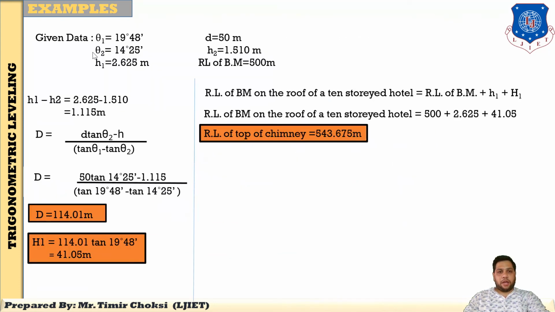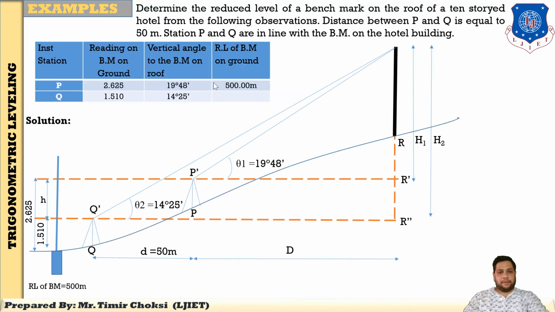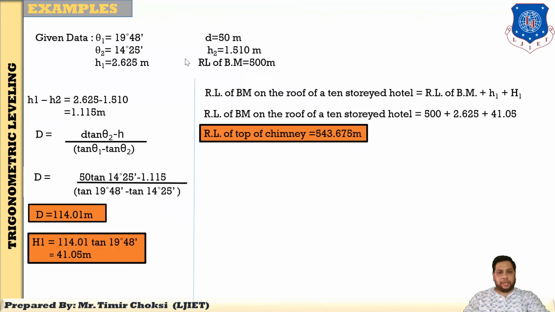Step number 2, I have already explained: write the data that is given. Do not make a mistake when you put the values in the formula. Theta 1, theta 2, small h1, small h2 are all given in the example, so write them separately.